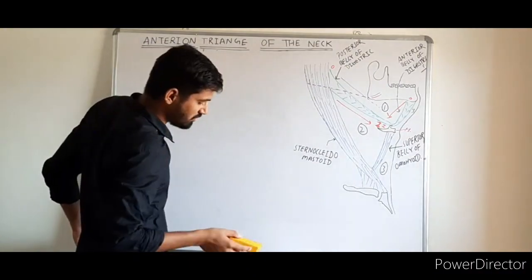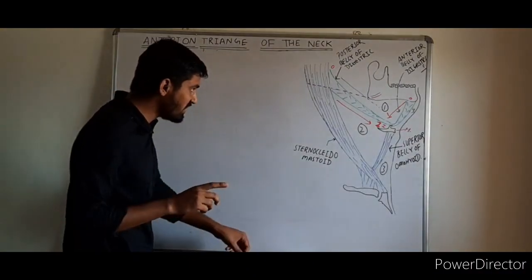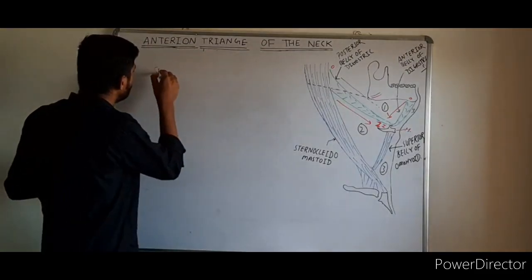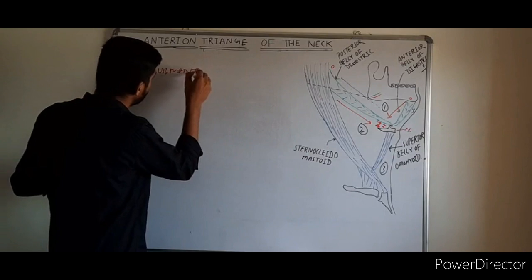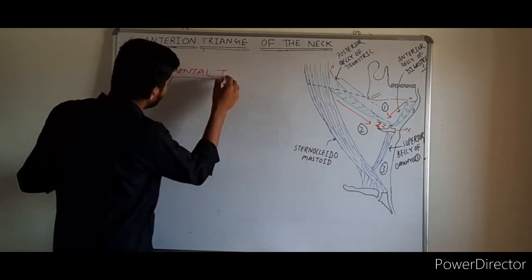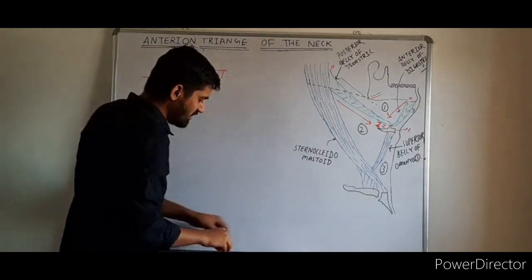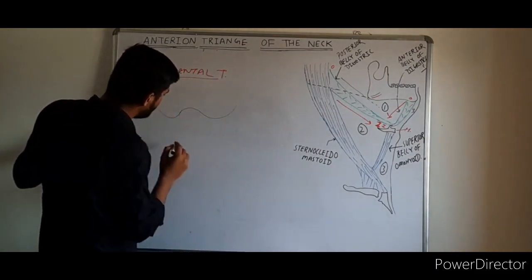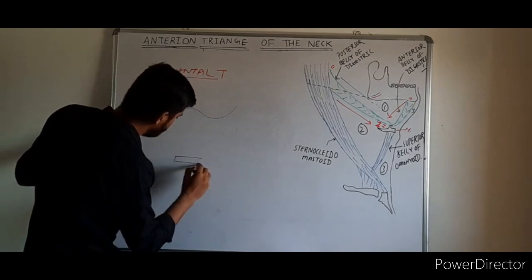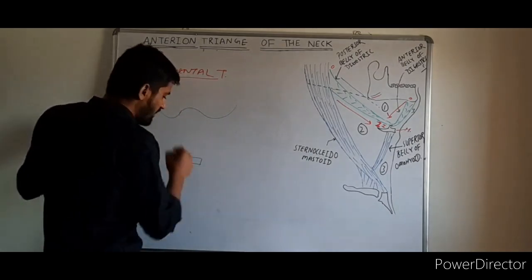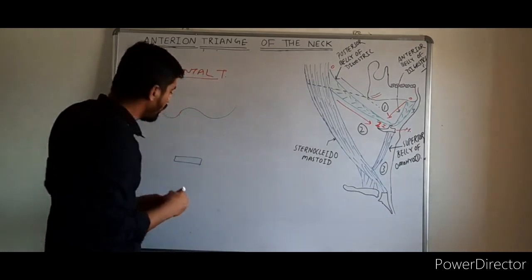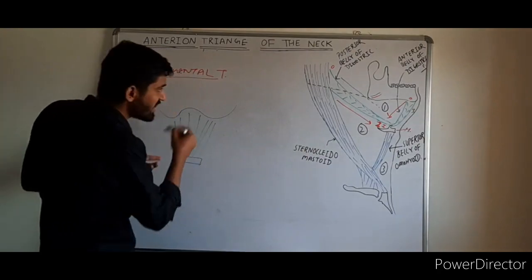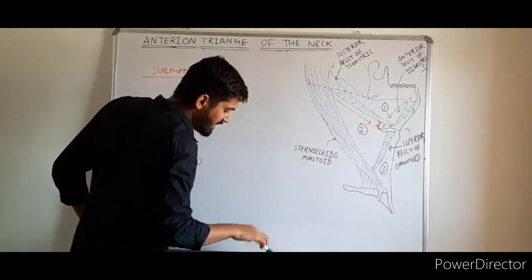So this is finished. The last triangle, that is the submental triangle. In the submental triangle, I am drawing one diagram here, somewhat like this. Here is the hyoid, and between this, that we know, the mylohyoid muscles, and on either side the anterior belly of the digastric.